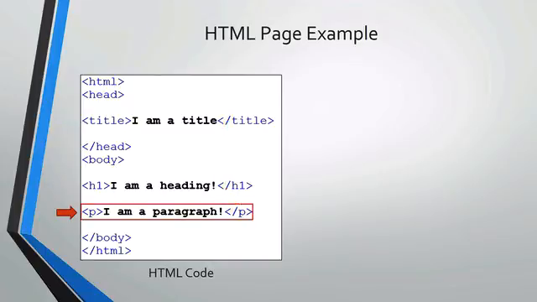So in this case, if I just zoom into one, you can see I have a tag with the letter P in it. So that's a paragraph tag. And at the end of the text, I have another paragraph tag with a / before the P. So that's telling me start my paragraph off here, my text is in the middle, and I'm going to close my paragraph off here.